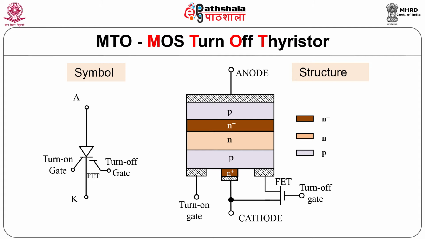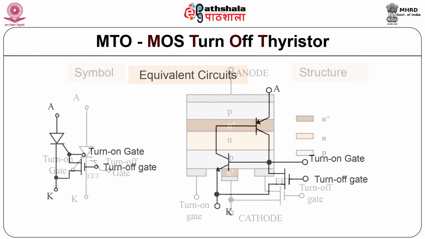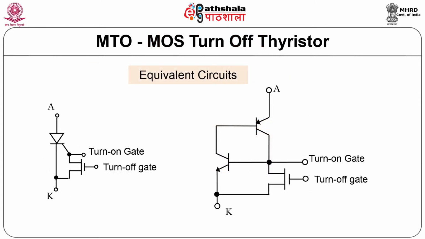If we see the structure, it has the SCR structure plus FET structure. So, its equivalent circuit, one can say, is a thyristor with FET as shown in the figure. The left hand side equivalent circuit is thyristor based and the second is transistor based.